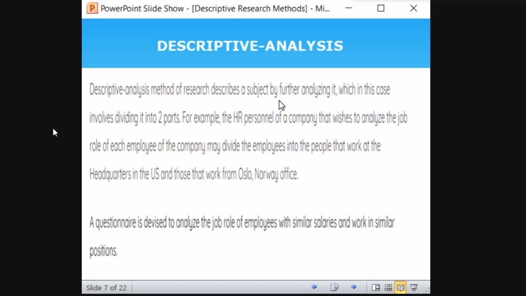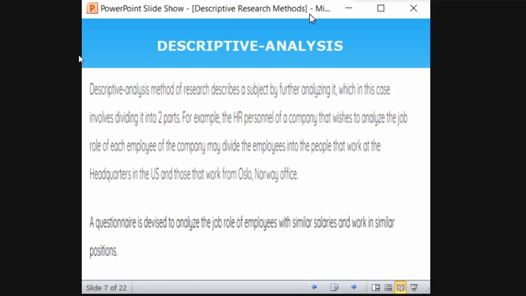Okay, so both are the same company, but one is a branch and one is a main office, simple as that. Like SBI, we can take the SBI bank head office in Mumbai, right? And there are branches all over the country, right? For example, you wanted to analyze the job role of an SBI employee in the Mumbai headquarters office and an SBI employee in Chennai. Like that he is doing it.